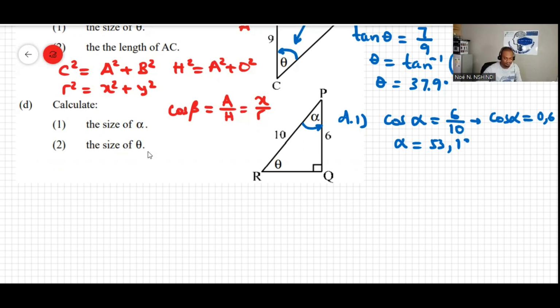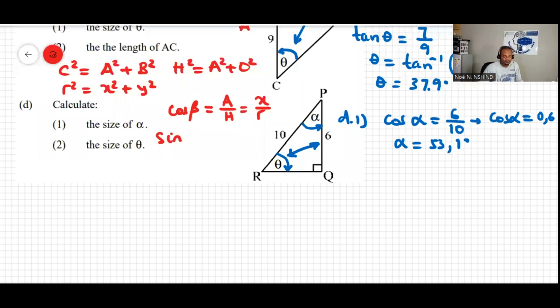Theta is over here. When I look at theta here, it is opposite to 6. So because it is opposite here, I can use the sine formula. And write the formula here: sine of gamma is equal to opposite over hypotenuse, which is sometimes y over r.